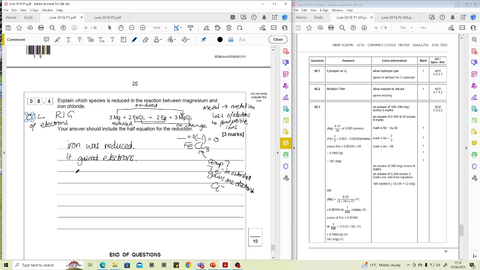The other charge here is plus 3. So the charge on the Fe ion is plus 3. So we start from the iron, and I'll write it as 3 plus, and reduction is gain of electrons, so you end up with iron, which is neutral, so we have to have some minuses on this side. Electrons are gained, 3 of them. I'll just put the mark scheme up.